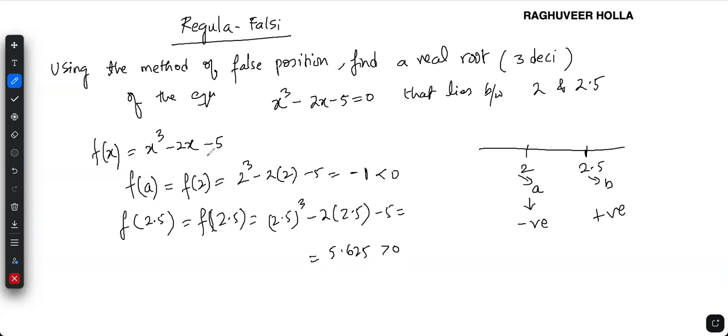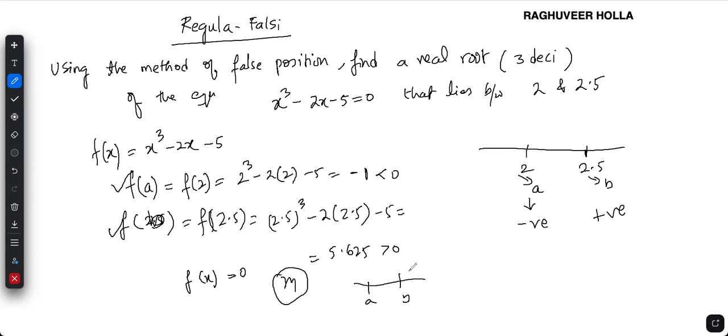Since f of a and f of b are of opposite sign, the given equation f of x equal to 0 does have a root, say m, between a and b.